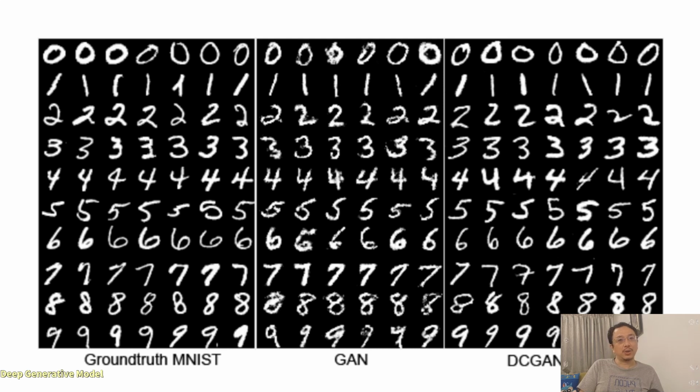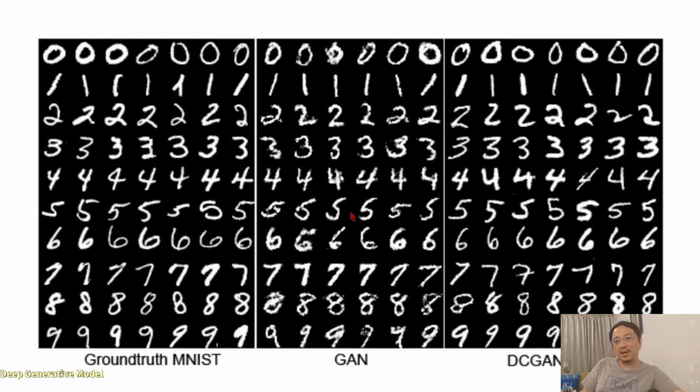So DCGAN actually provided the first working implementation for GAN using a convolutional neural network. So what networks did the original GAN paper use? It actually uses a simple MLP, multi-layer perceptron, which is just a bunch of densely connected layers of neural networks.